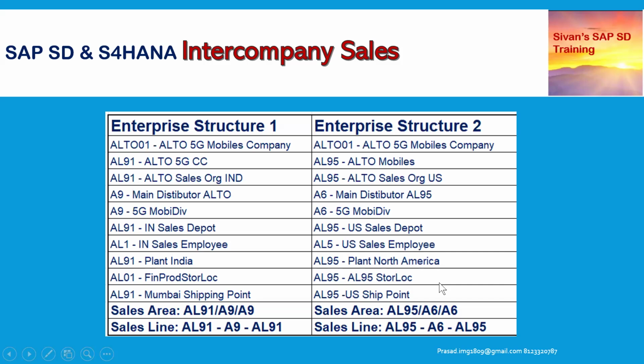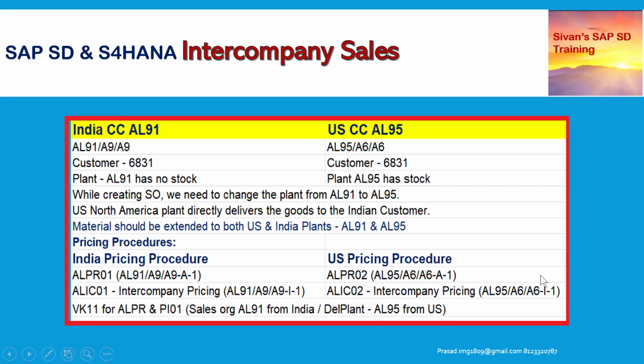This is what we have already defined, enterprise structure 1 and enterprise structure 2. This belongs to complete India and this belongs to complete US. So now the transaction is happening between India and US. Here we have to mention the sales area also. We have to do the complete end-to-end setup for both enterprise structures.